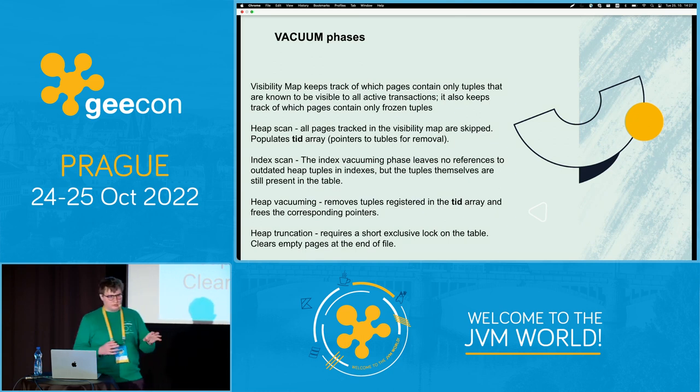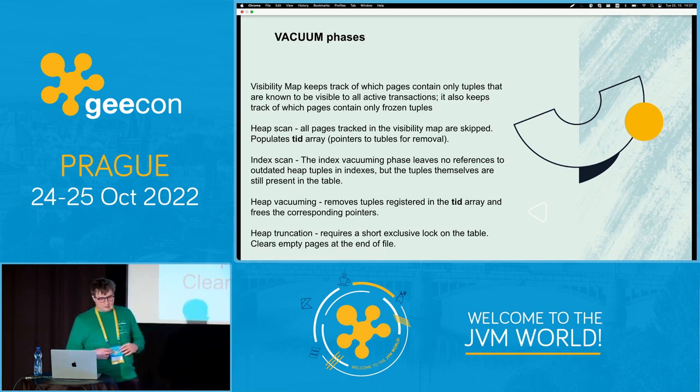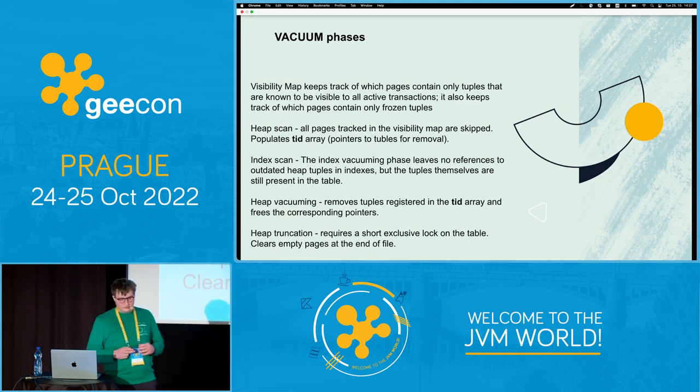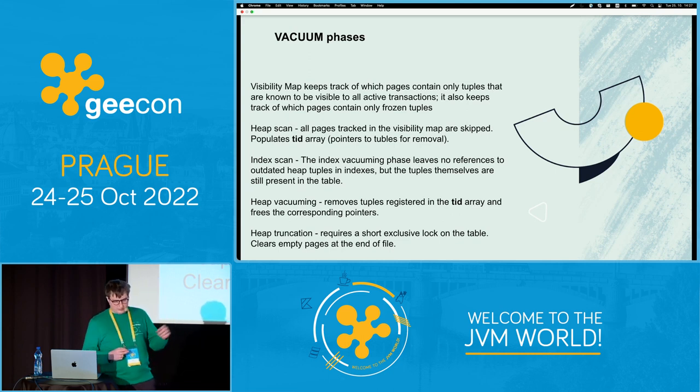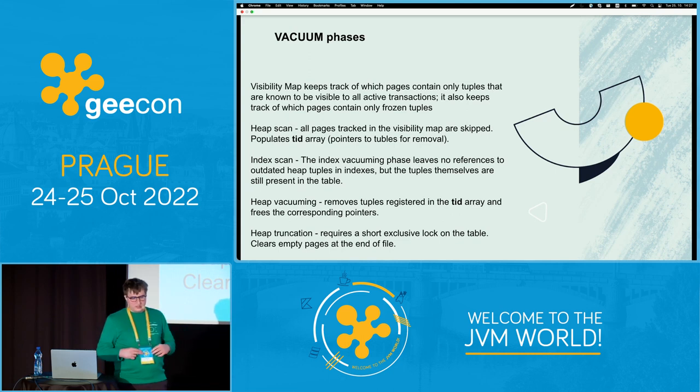So you do not touch pages that have valid data. So you start the heap scan. It checks the visibility map, skips all the pages that contain data that cannot be removed, and populates an array of TIDs with the tuples that vacuum will remove.